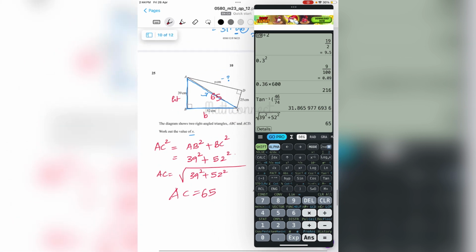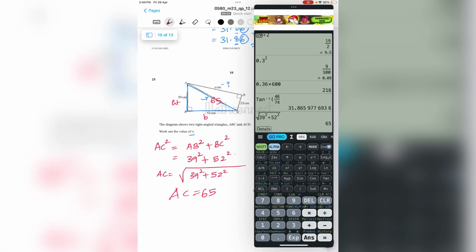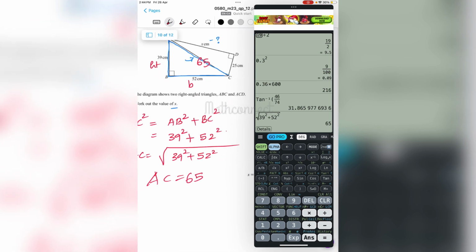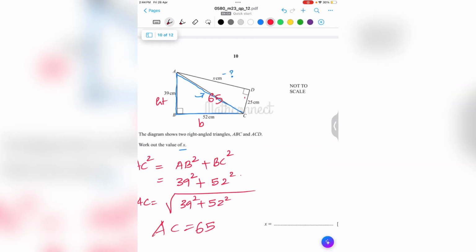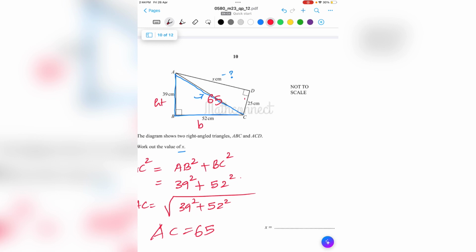Now, to find this, we can use the trigonometric ratio with... no, we don't have to find any angle. We can use Pythagoras theorem again. So this is the right angle triangle here. Okay, so here we have the right angle over here. So this is the hypotenuse.